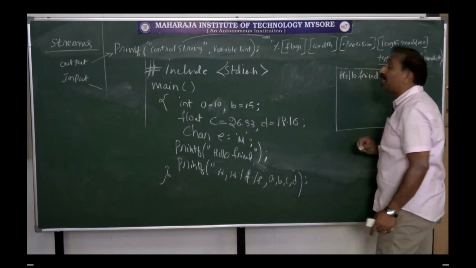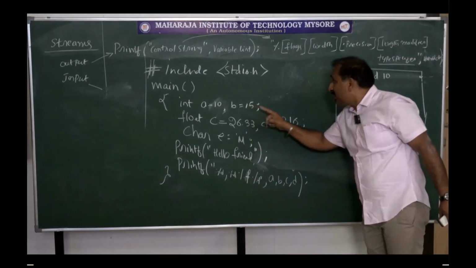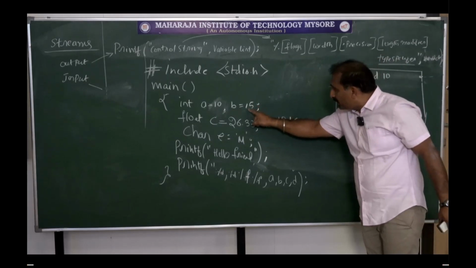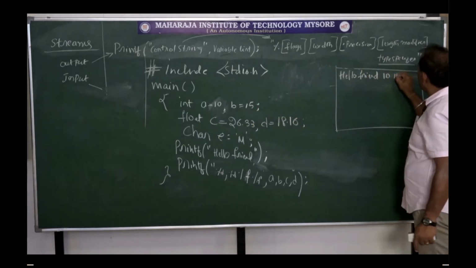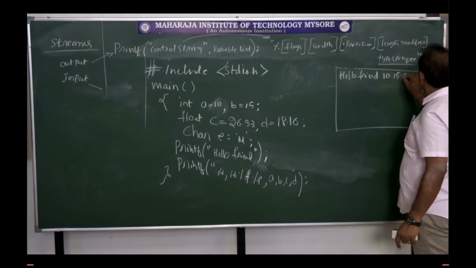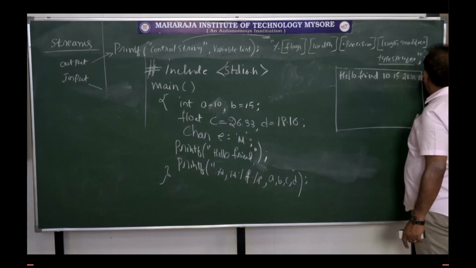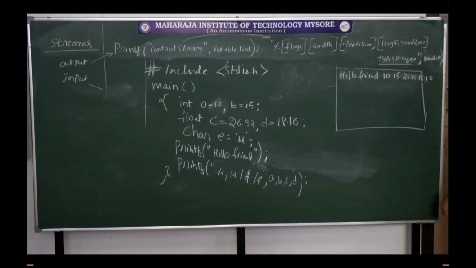It prints the next %d, digit 15. Next it prints 26.33. Then it prints 18.16, in a single line.